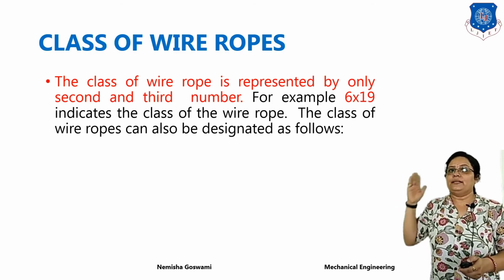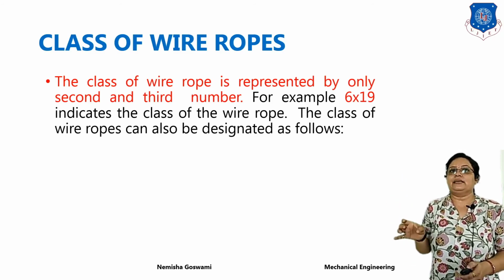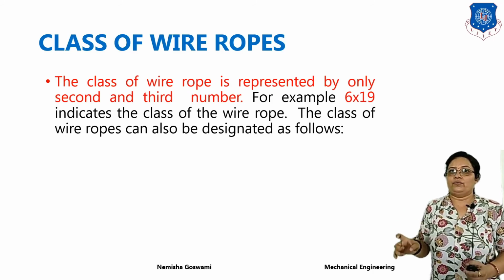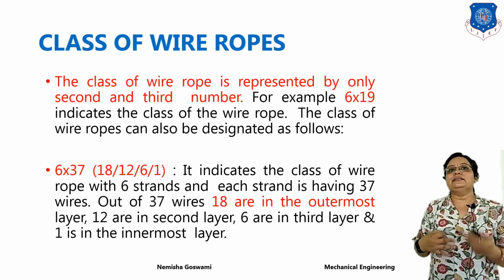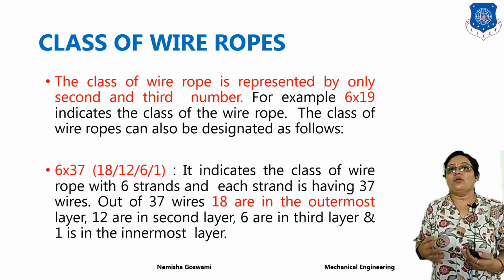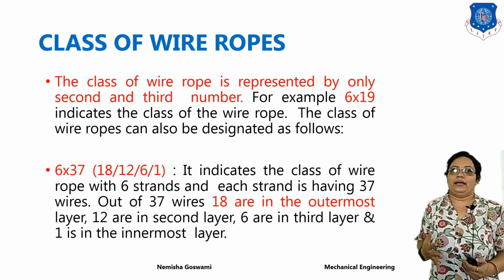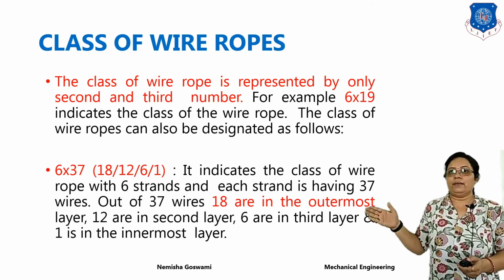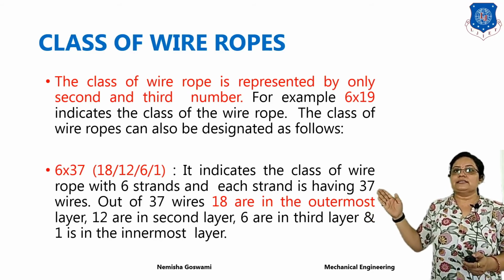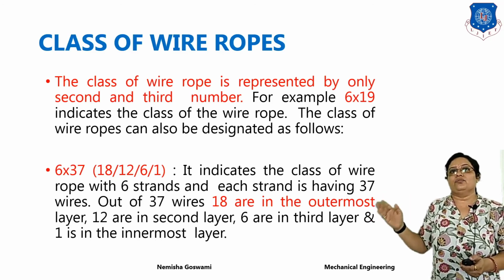So here one example, 16 into 19. So it indicates your class of wire ropes. Okay. So now how to designate different types of class of wires. For example, here 6 into 37. So 6 is your second number, 37 is your third number.